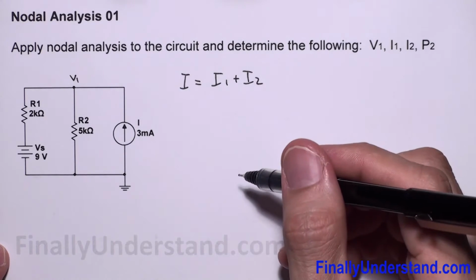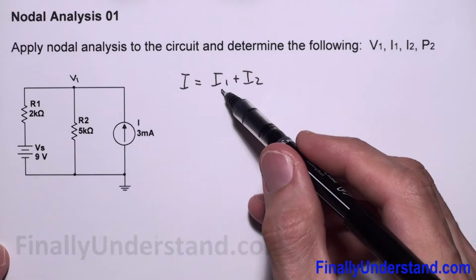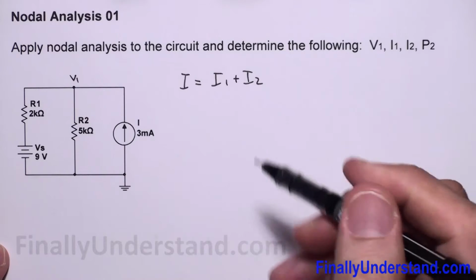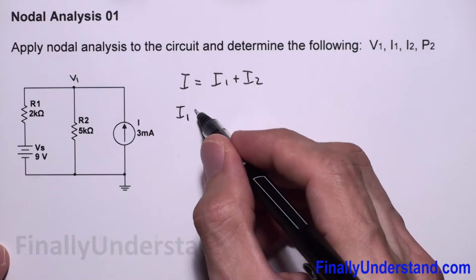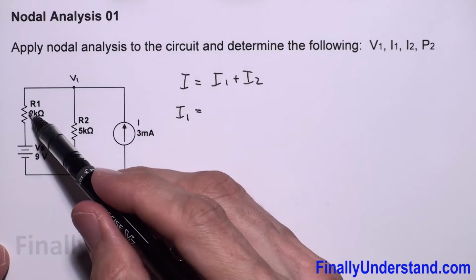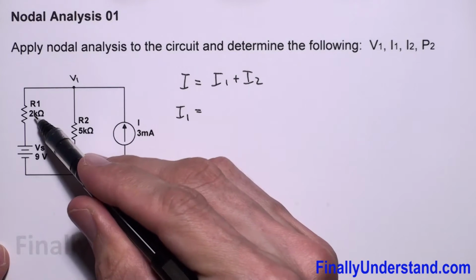Now, someone is going to say, okay, but I do not have I1 and I do not have I2. So we have to write the formulas. I1 is the current which goes through this resistor. This is nothing else, just the difference of these two voltages divided by this resistance.